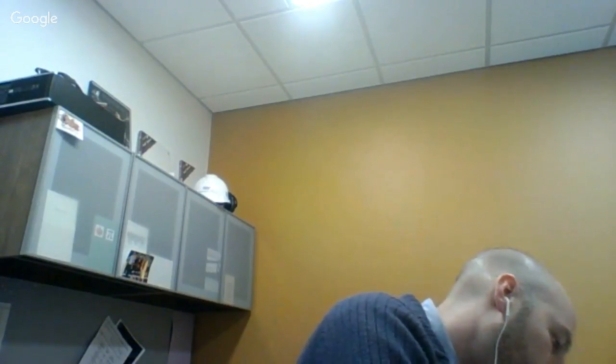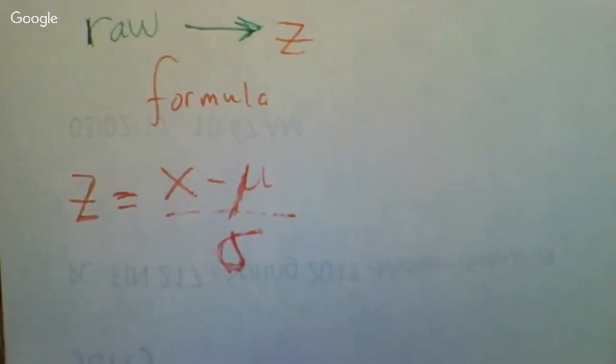And when I'm going from left to right, I solve for z by taking x minus mu over sigma. Z equals x minus mu over sigma.